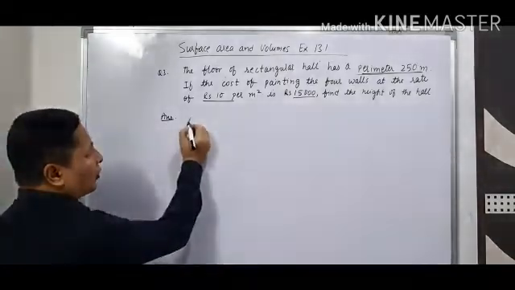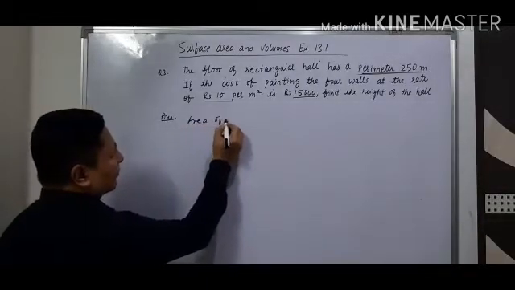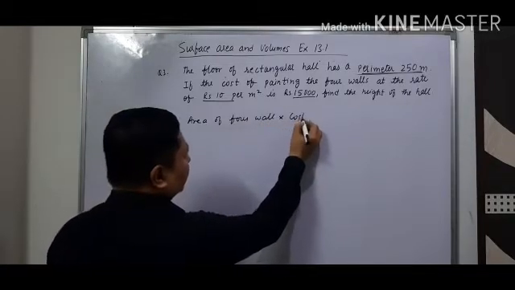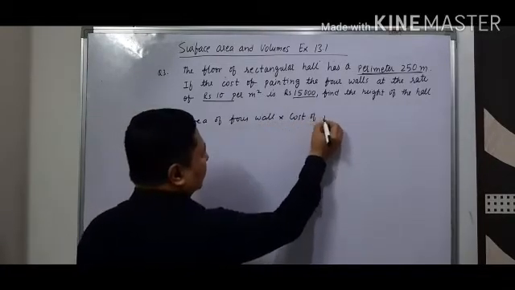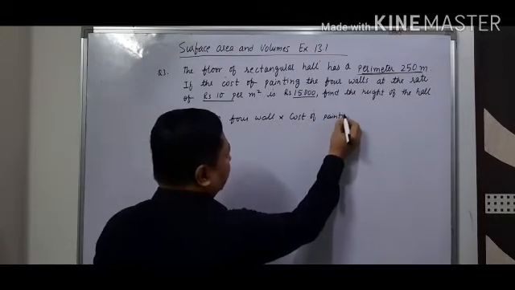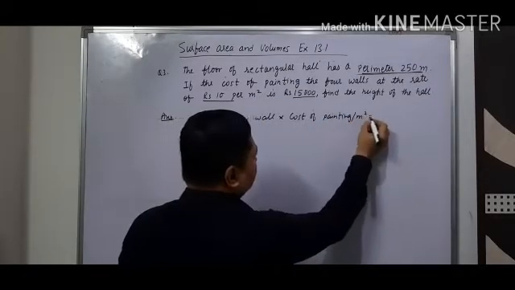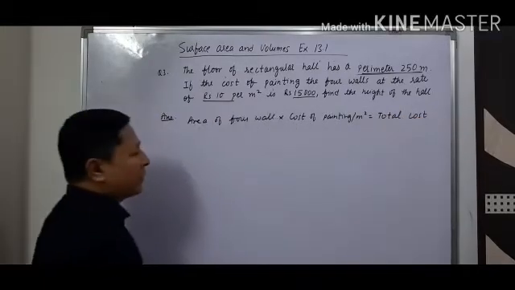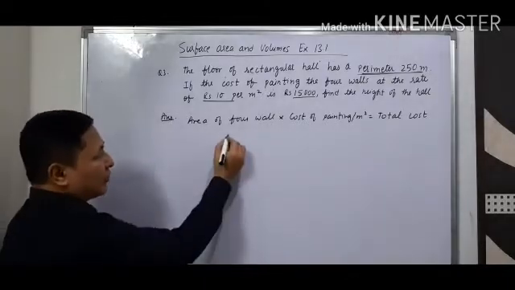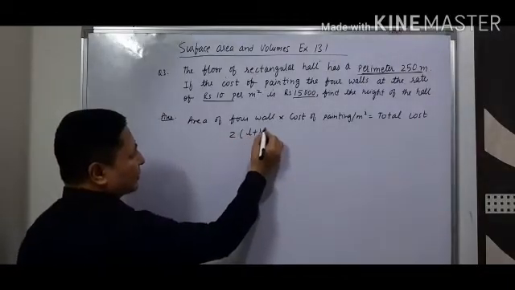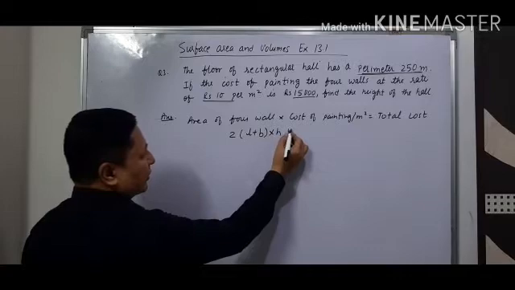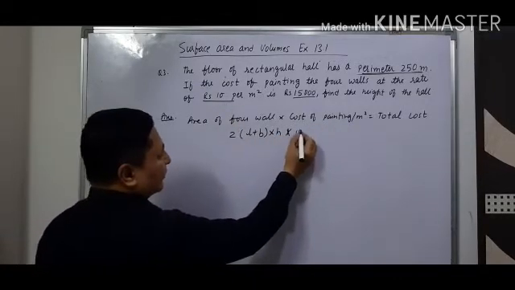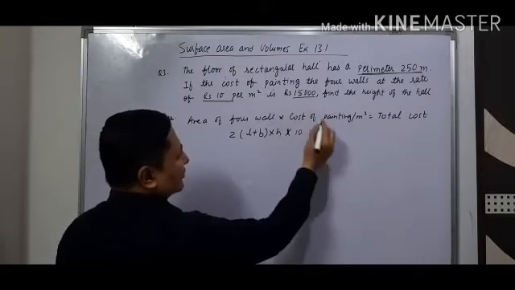So area of four walls into cost of painting per meter square is equal to total cost. Now the area of four walls, as we know the formula, is 2(L plus B) into H, into cost of painting per meter square, rupees 10, is equal to total cost of painting, rupees 15,000.